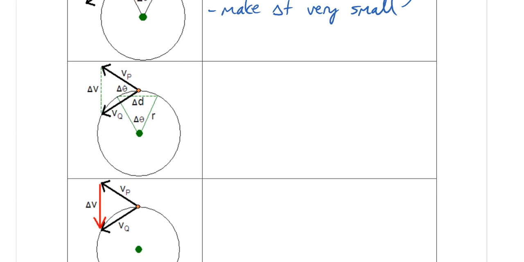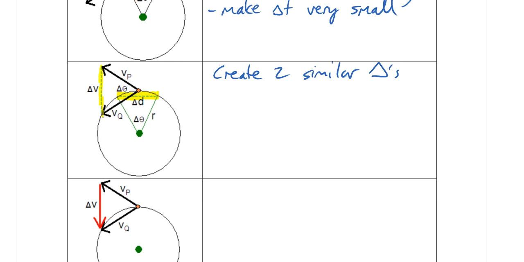One is a V triangle and one is a D triangle with the radii. This side on that triangle matches up with this side on that triangle. So there are two isosceles triangles.